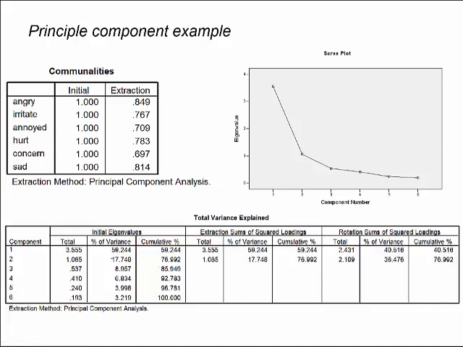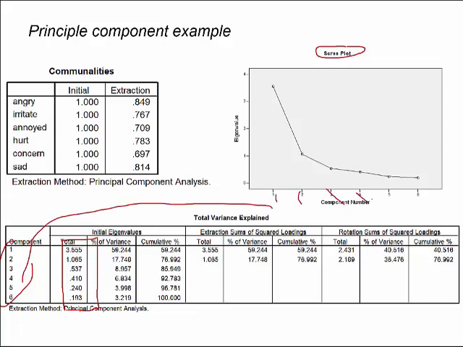And then for our initial solution, we also have our scree plot over here, and that's just plotting these eigenvalues right here for these 6 components. So here we have 6 components, 1, 2, 3, 4, 5, 6, and we have 6 eigenvalues. The first component had an eigenvalue of 3.55. So right here, 3.55, that's our first dot on that scree plot.